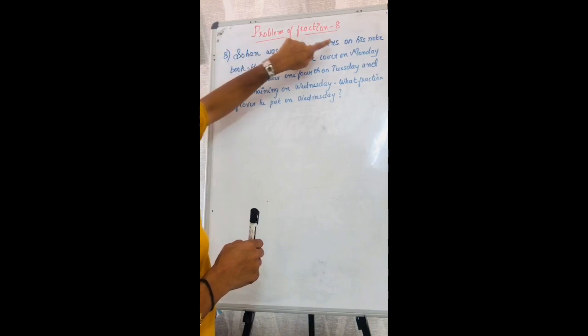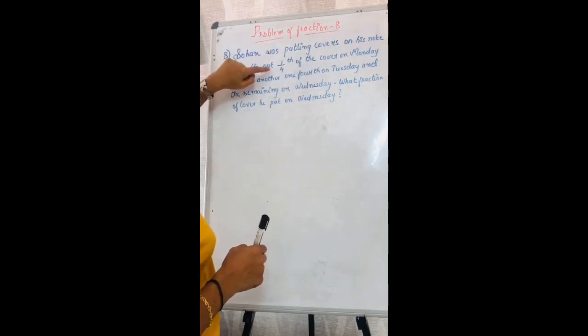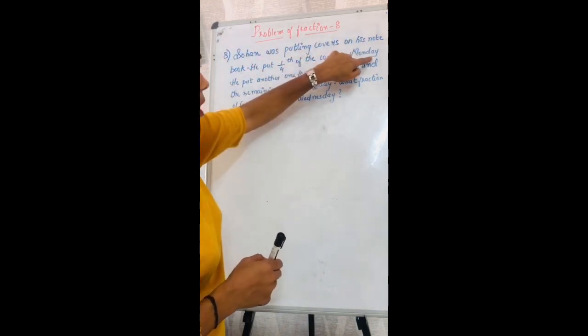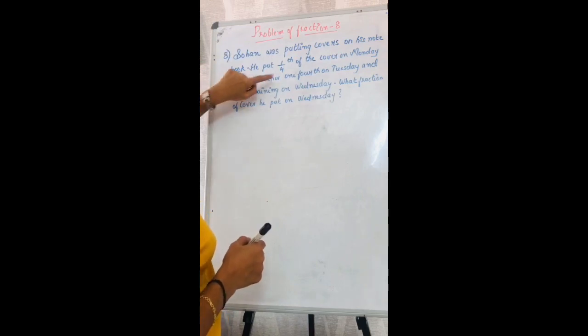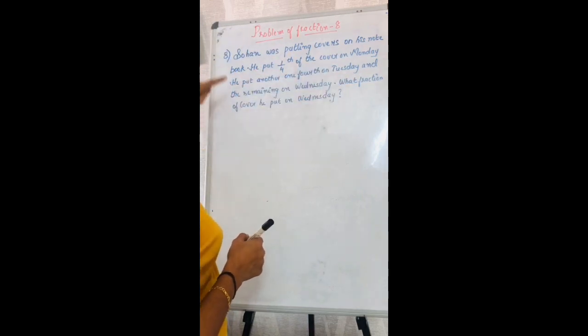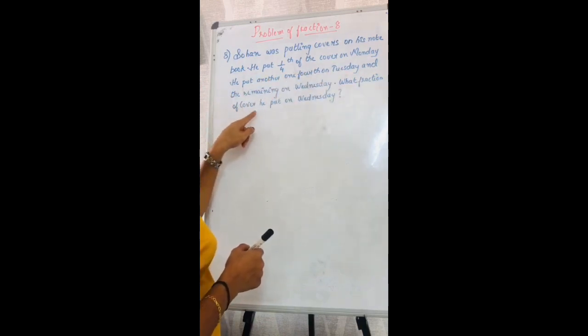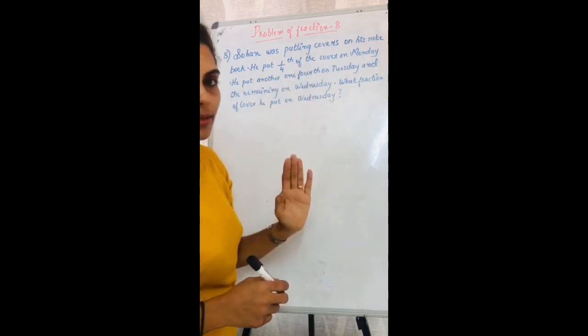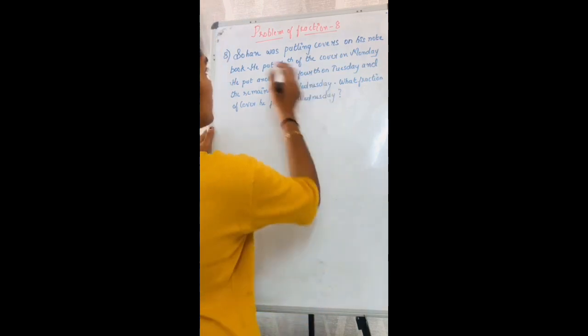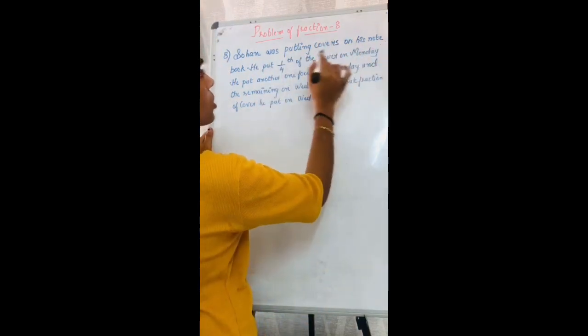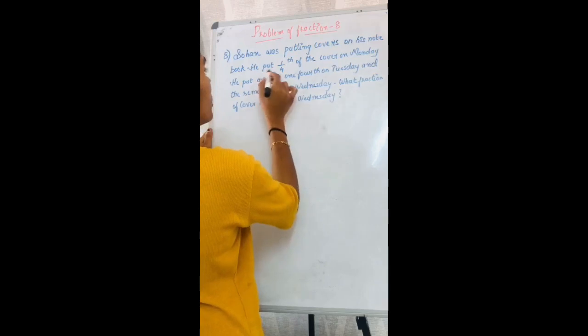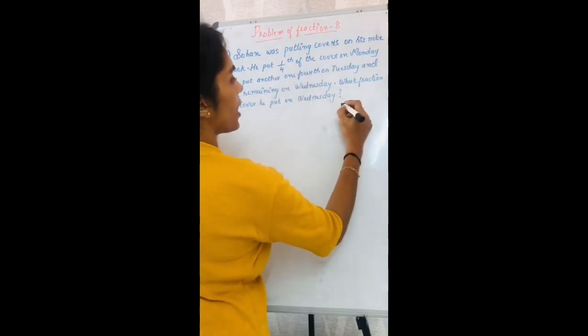Our problem 8. Sohan was putting covers on his notebook. He put 1/4 of the cover on Monday. He put another 1/4 on Tuesday and the remaining on Wednesday. What fraction of cover did he put on Wednesday? So come, let's picturize it. Sohan, as usual, was putting cover on his notebook. He put 1/4 on Monday.